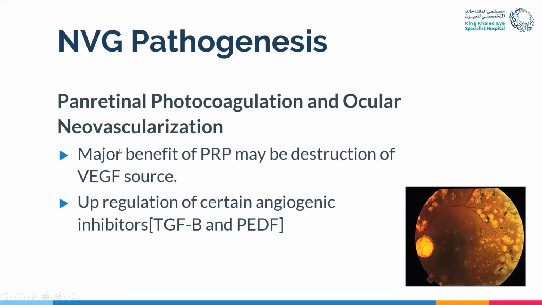Not only that, but the role of panretinal photocoagulation is also that it destroys a major source of VEGF by changing the hypoxic retina to anoxic retina. So the major benefit of PRP is destruction of the source of VEGF. So photocoagulation has two functions.